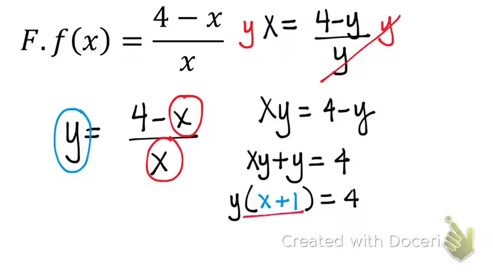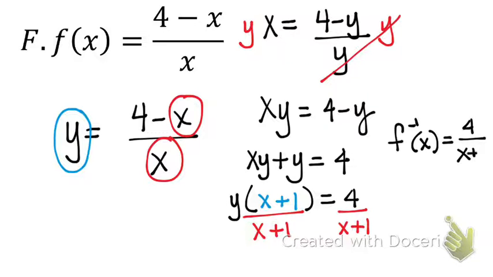Our last step is to divide by the x plus 1. So our inverse equation is 4 over x plus 1.